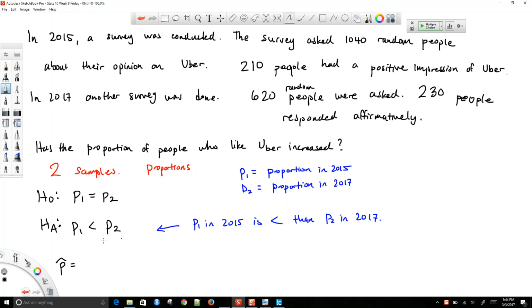Our overall p hat is going to be the total number of positives, so 210 plus 230, so x1 plus x2, divided by n1 plus n2, 1040 plus 620.